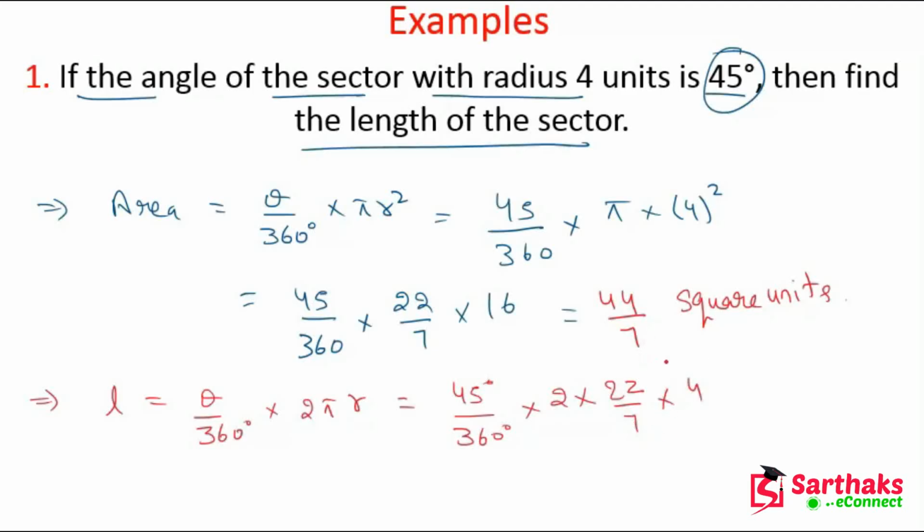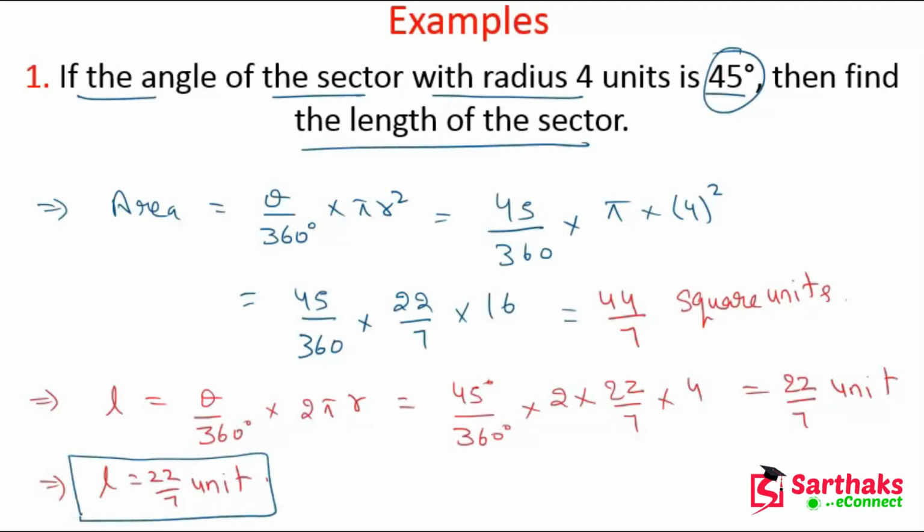If you solve this, it will become 22 upon 7 unit. So L is equals to 22 upon 7 unit. I hope, my dear friends, you understand these things. Now let's move on.